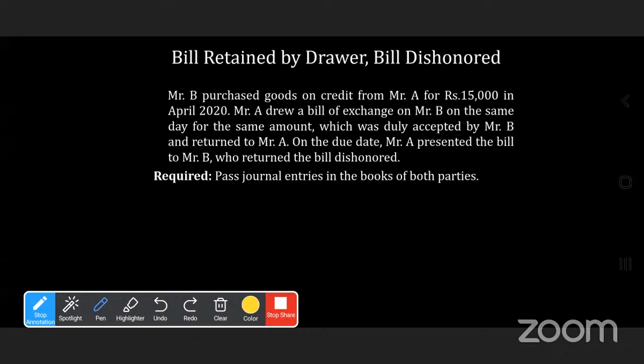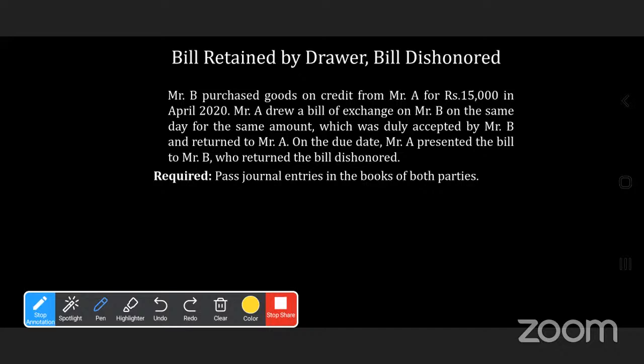Mr. A drew a bill of exchange on Mr. B on the same day for the same amount, which was duly accepted by B and returned to Mr. A. Like the last problem, on the same day B accepted the bill and, after signing it, returned it to A.